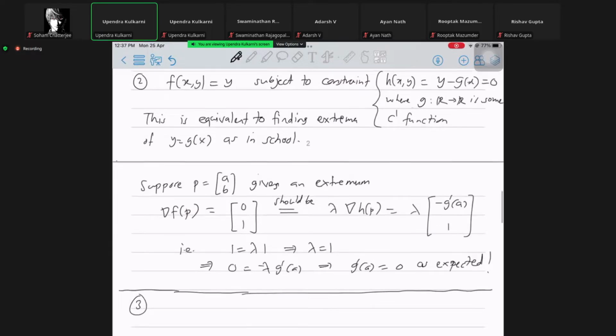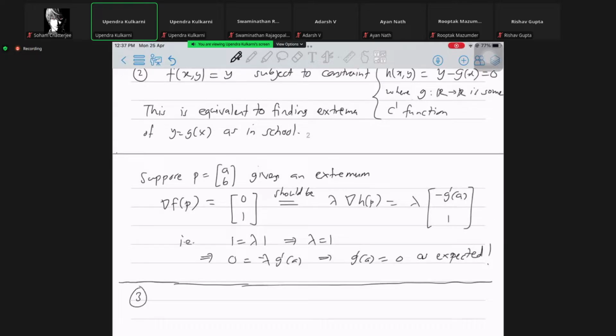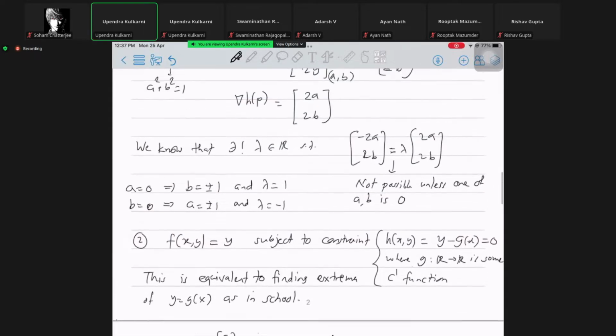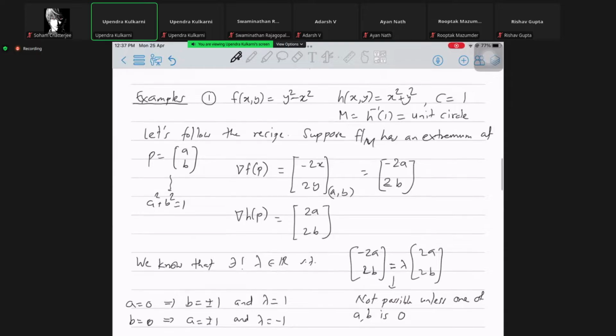Now here is the third example. f of x comma y is x squared. Sir, what are we actually finding in these examples? You're absolutely right, thank you for saying that.